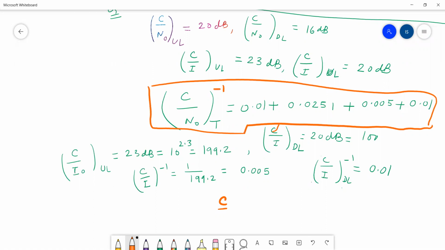So C by N total inverse is equal to, we will calculate all of these, around 0.0501. Okay, so C by N of total is 1 by this.